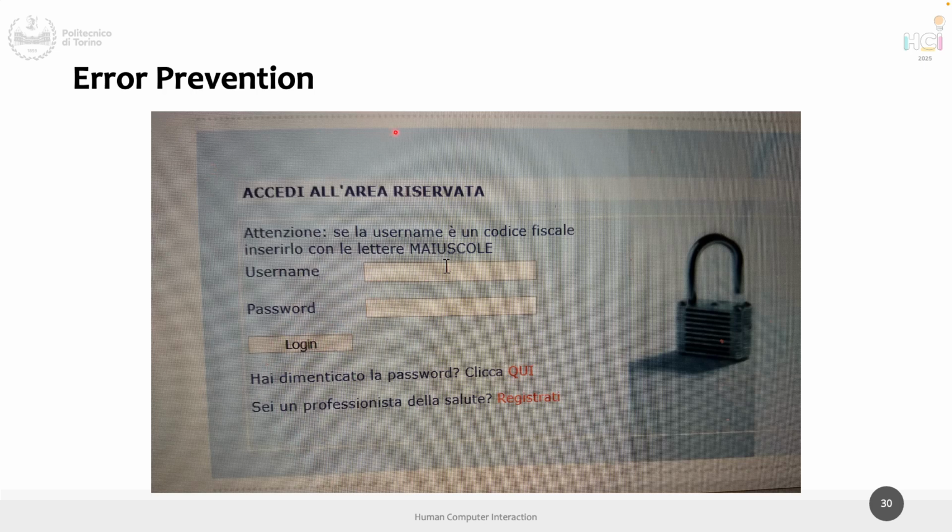And here there is an example of error prevention that is missing. This is to log in to a reserved area and it says, warning, if the username is a fiscal code, insert it with capital letters. So here there are two problems.